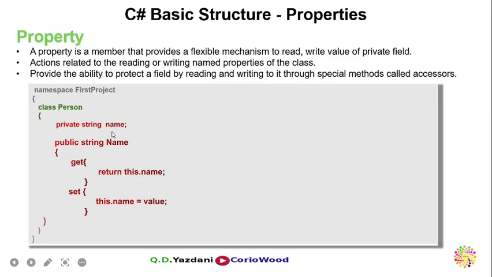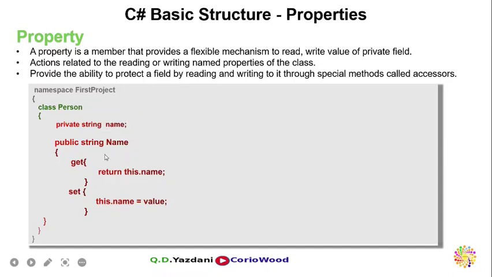Then if my field is country, it's going to be uppercase Country, and then I'm going to put a get and a set. Don't forget to put return. Say whatever you want to put for country, and this.country equal to value, whatever value you want to put.